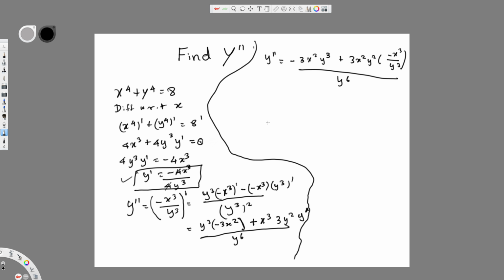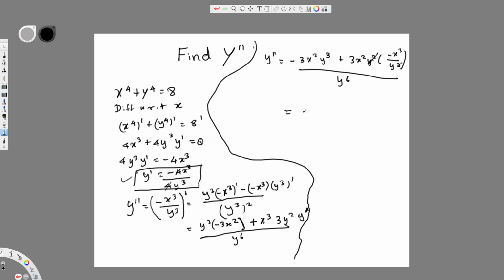So that's my value. Now this is equal to what? Since we have y cube, this one cancels, and we have y on the bottom, so this whole thing is divided by y, so I can take y common.